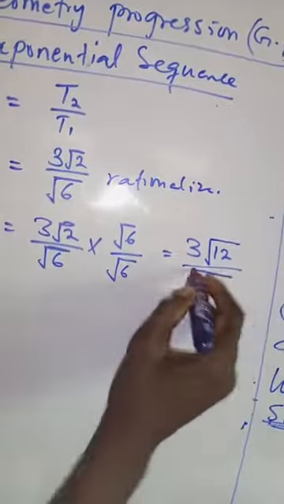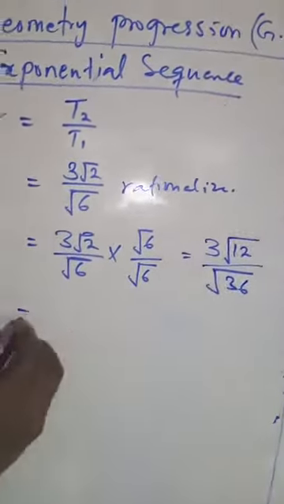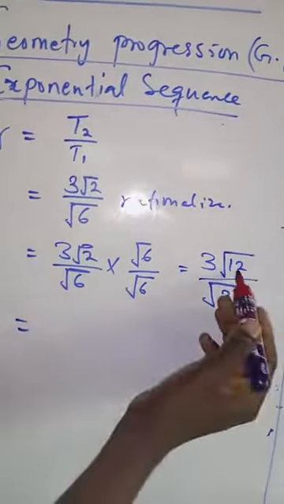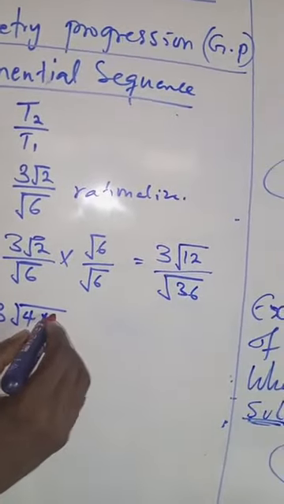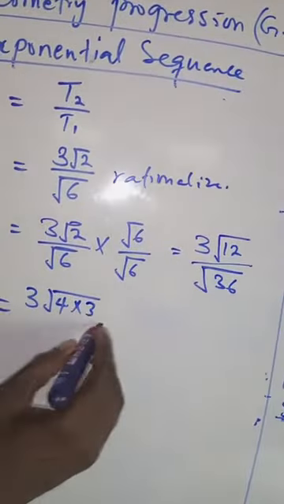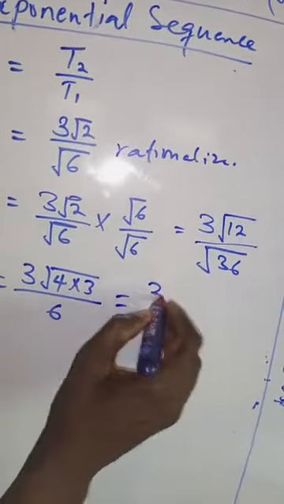So this one gives me root 36. And eventually, this one can still be 4 times 3 all over 6 root 36. So 3 root of this is 2 times 2 root 3 all over 6.